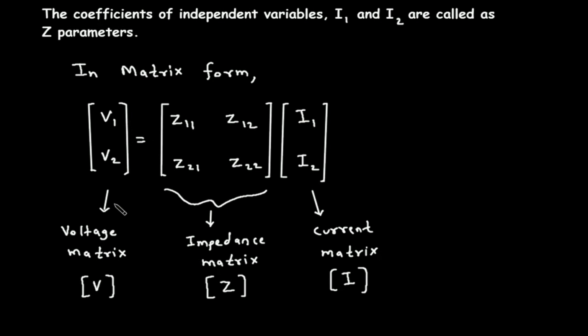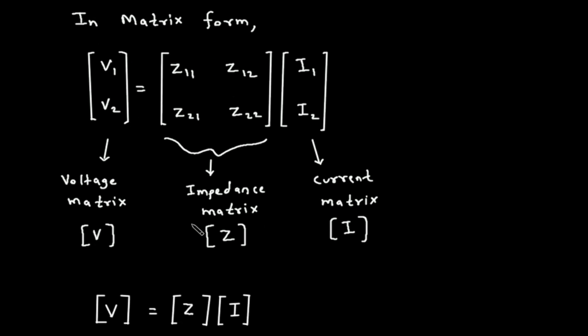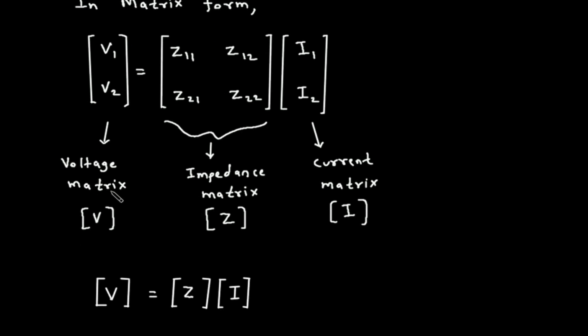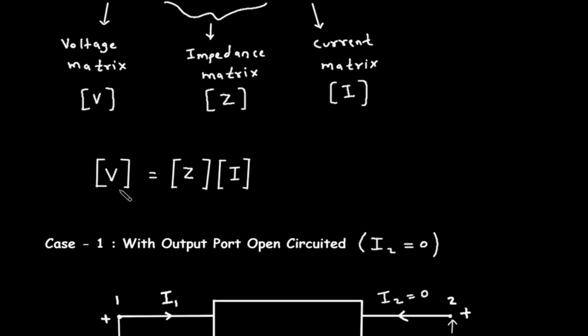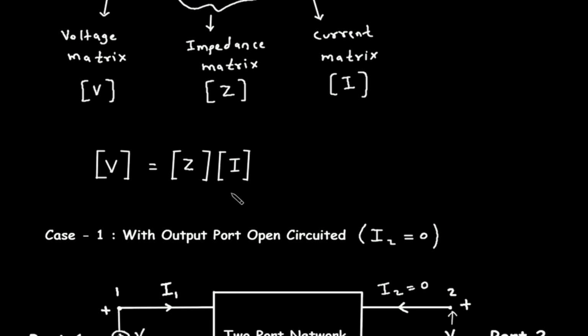This is called the voltage matrix, this is called the impedance matrix, and this is called the current matrix. Let's say the voltage matrix is represented by V, the impedance matrix by Z, and the current matrix by I. So therefore, V is equal to Z into I in matrix form.